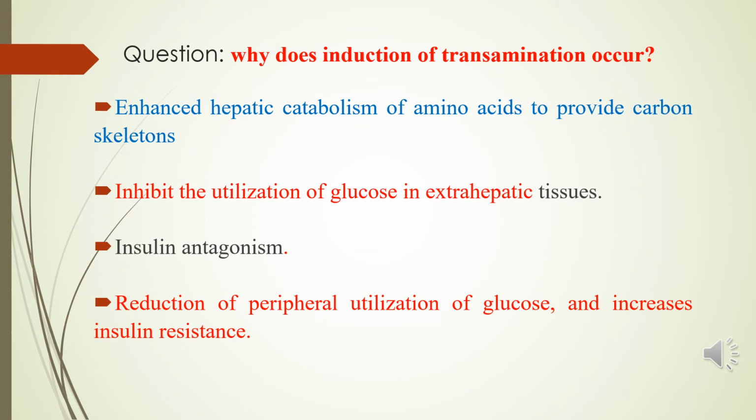And in all these actions, glucocorticoids act in a manner antagonistic to insulin. So it aims at raising the blood glucose level by increasing gluconeogenesis and reducing peripheral utilization of glucose, and maybe also another mechanism that participates, which is the increase in insulin resistance.